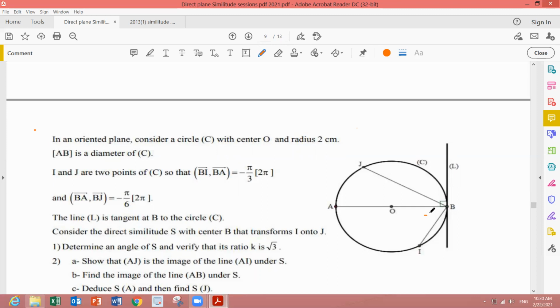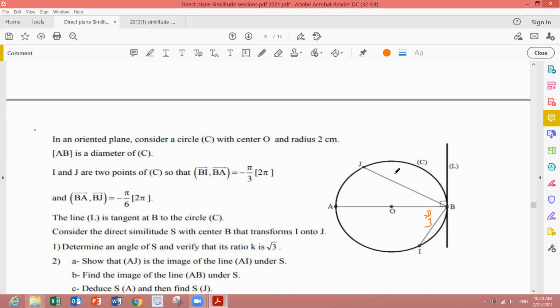Why negative? Since it is in the negative sense, it is minus pi over 3.